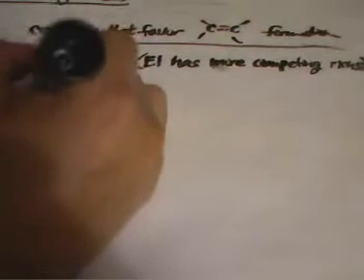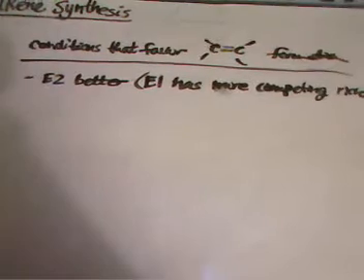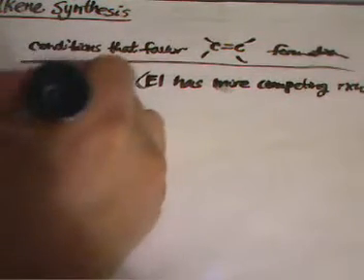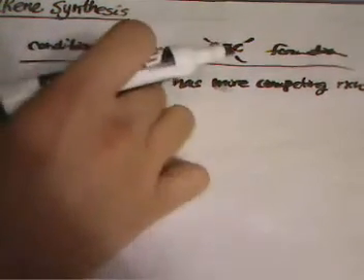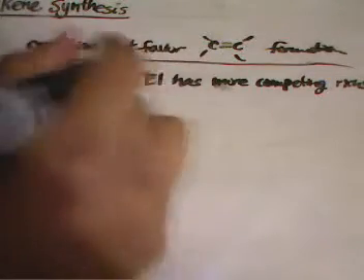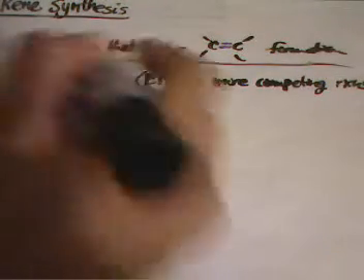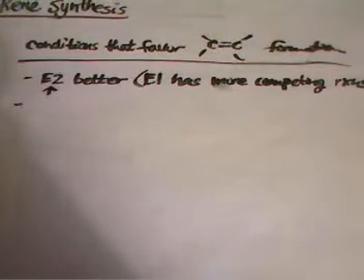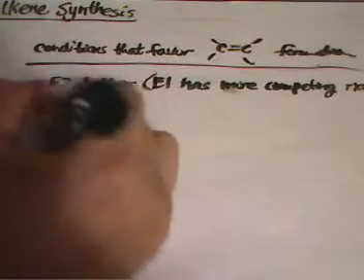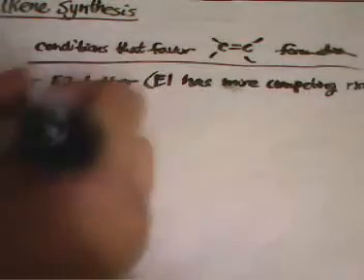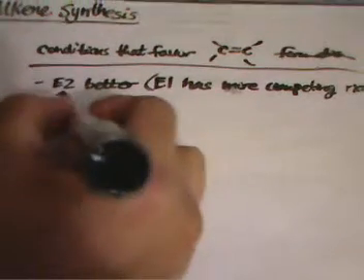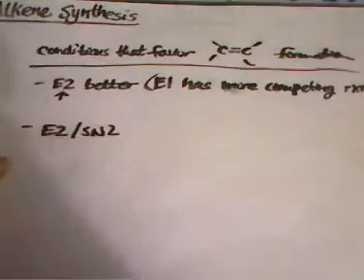The next thing we can talk about is the substrate. Now that we've decided that we want to go for E2, the competing reaction for E2 is SN2. Usually E2 and SN2 go hand in hand.